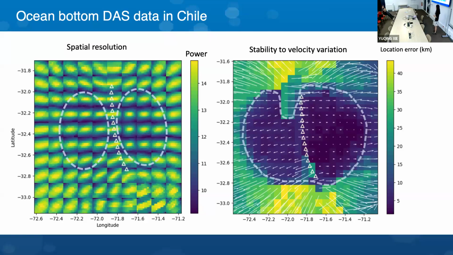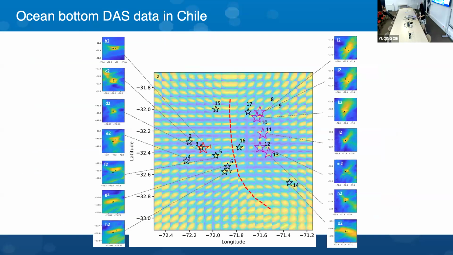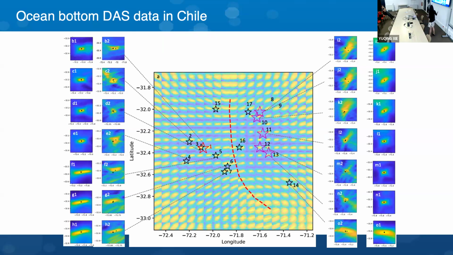And we can imagine that if we have a longer cable, this region will also extend accordingly, assuming that the signal to noise ratio is high enough. And this is how it works for the real recordings at different locations. We can see that with these very central locations, compared to the synthetic test, the point sources are imaged very clearly.